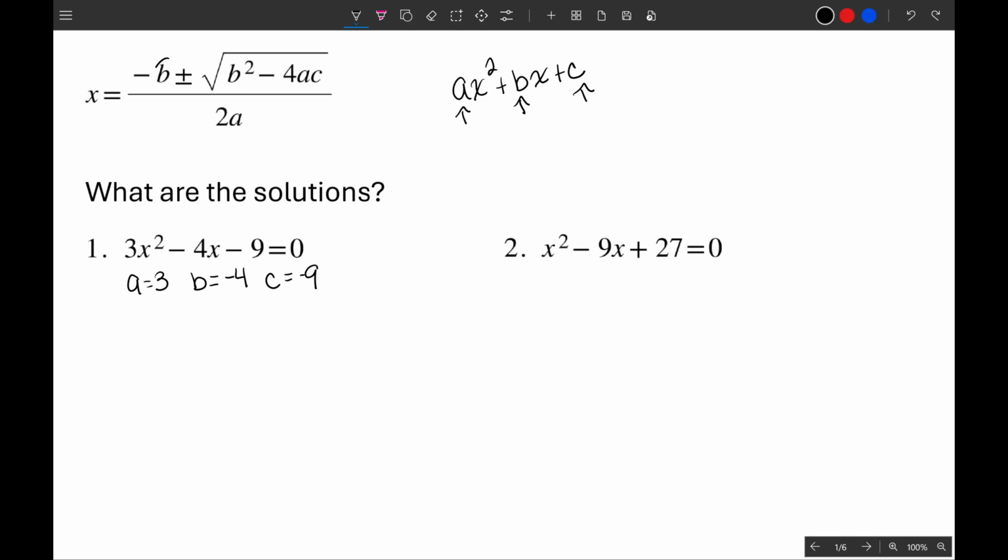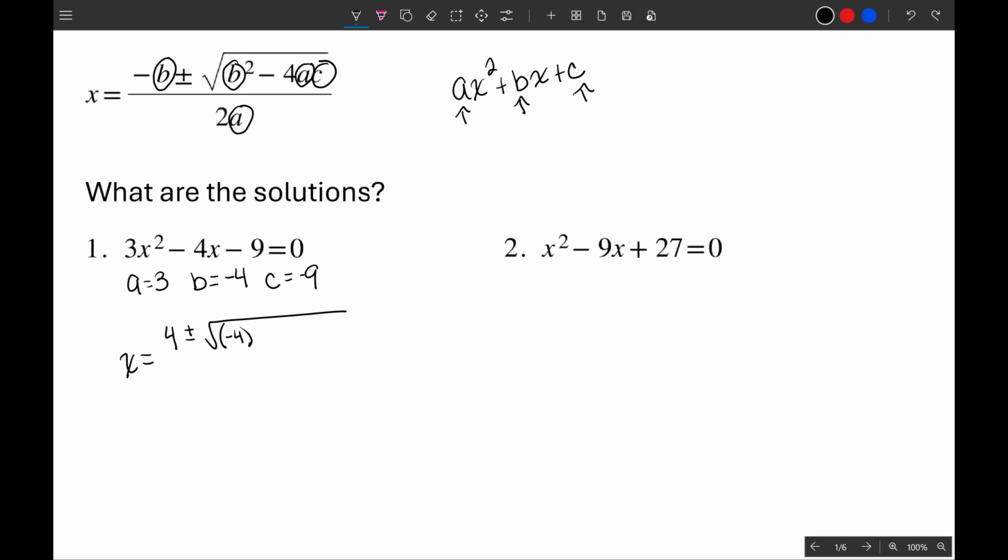Now I'm just going to come to my quadratic formula. I'm going to replace all of the b's with negative 4, the a's with 3, and c with negative 9. So I have x is equal to negative b, but my b is already negative, so that's going to make this a positive 4, plus or minus the square root of b squared.